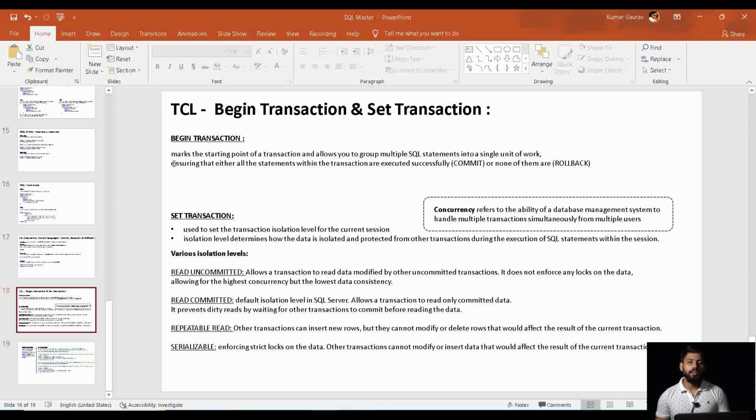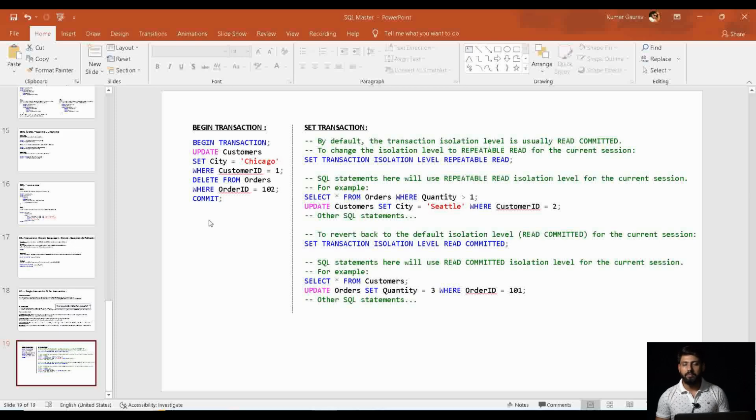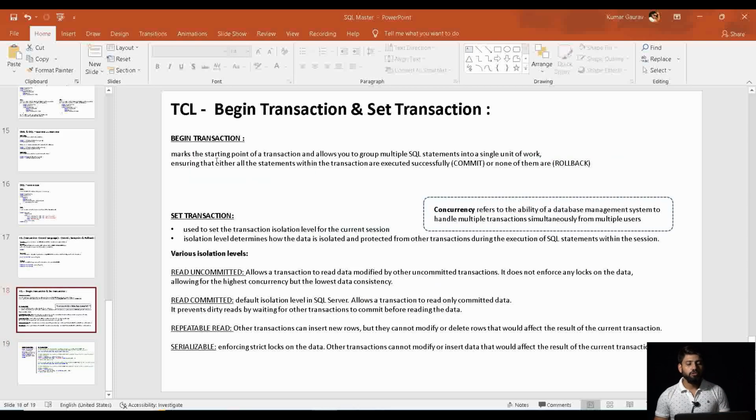When you mark begin transaction, you are telling the SQL server that whatever queries are inside that chunk should all be executed when followed with commit, or else, instead of commit, we write rollback. That means if any of them fails, then whatever was changed up to that query in that chunk will be rolled back, that is, reverted to the previous state. So this is why we use begin transaction.